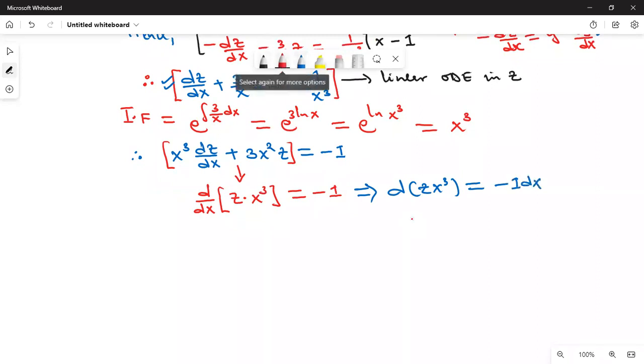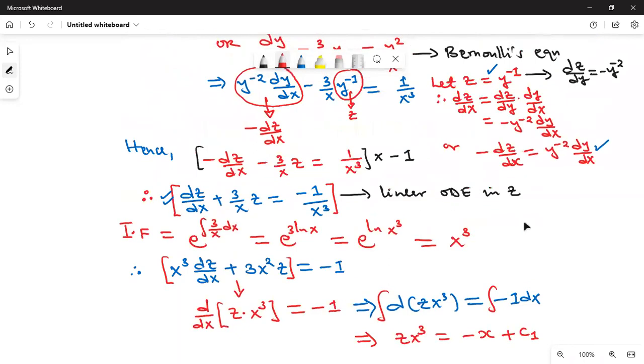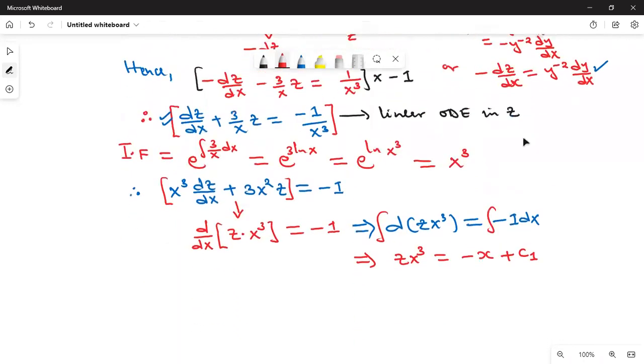And then now you integrate both sides. So we are going to get z x cubed is equal to negative x plus a constant c of integration, let's call it c1. But you need to replace z. Check where we defined our z. We said z is equal to y raised to negative 1, which is 1 over y.